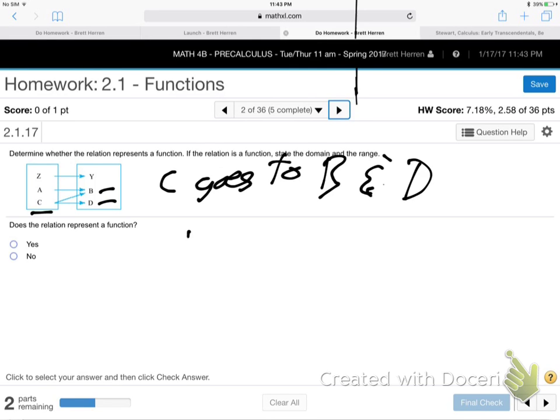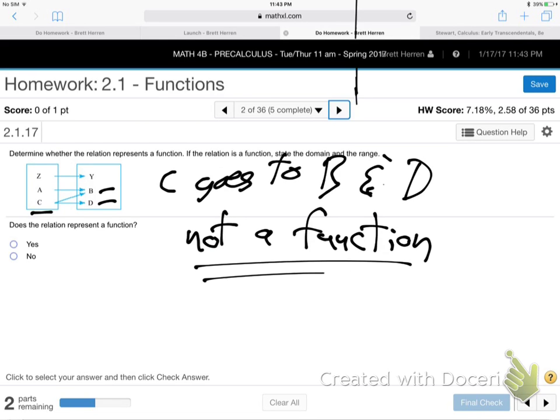So that's no. That's not a function. Remember the rule for a function: every input can only go to one output. So this is not a function. It's a relation, but does it represent a function? No, it does not. Unlike number 1. Number 1 was okay, but this number 2 is not okay, because C, that input, is going to two outputs. That's not allowed.